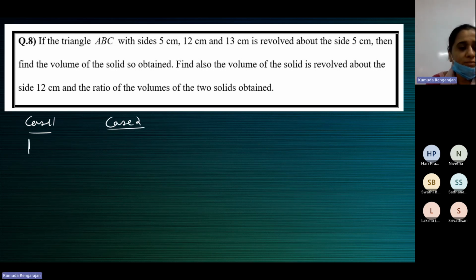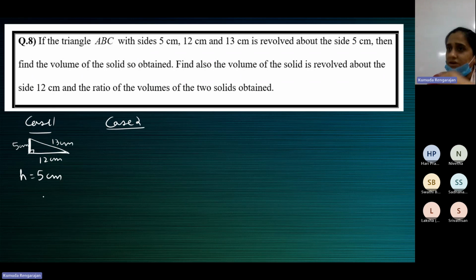When you keep the right triangle like this with 5 centimeter upright, and this one 12 centimeters, and the hypotenuse is 13, you're keeping 5 centimeters as the axis and you're turning it about 5 centimeters. 5 centimeters will be the height of the cone formed, radius will be 12 centimeters and the hypotenuse is always the slant height, 13.